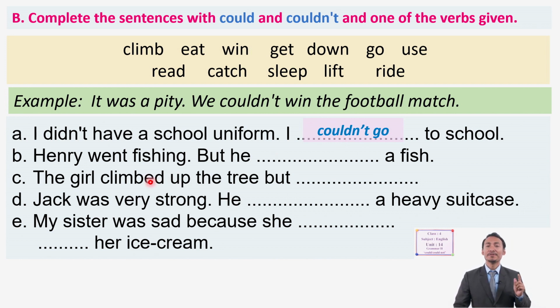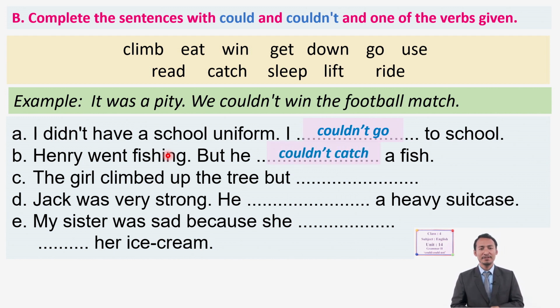Likewise, sentence B: Henry went fishing, okay, catching fish, but the word but shows that there is a different result. If you go to catch fish and you don't catch any, then what happens? You couldn't catch fish. So he couldn't catch a fish. You get the verb from here, catch.